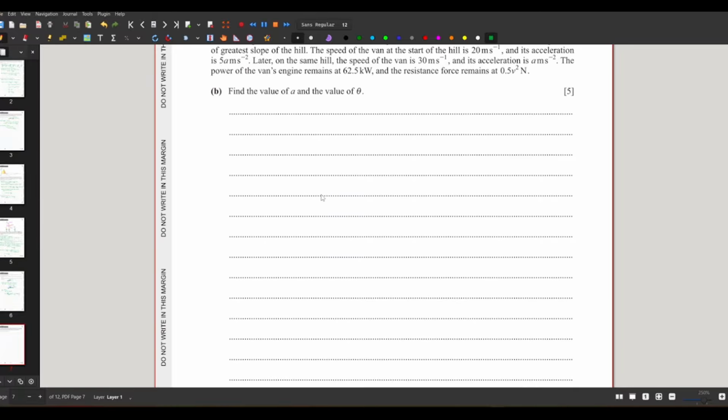So let's make a quick sketch so we can see what to do. Okay, so we have an inclined surface. We'll take it like this. So the angle with the horizontal is theta.